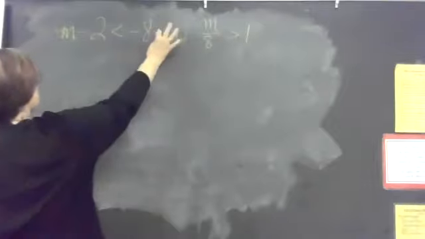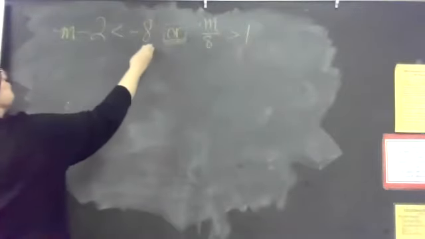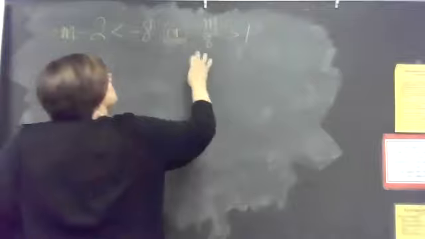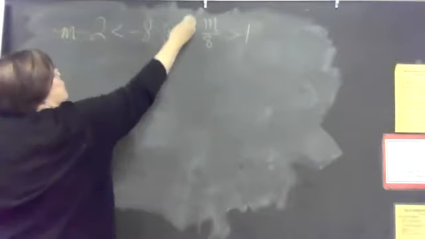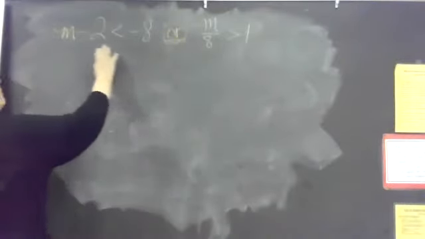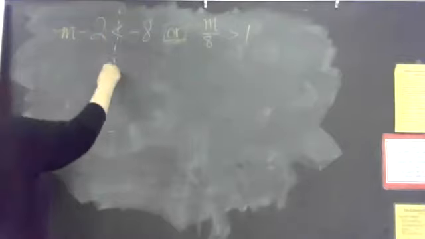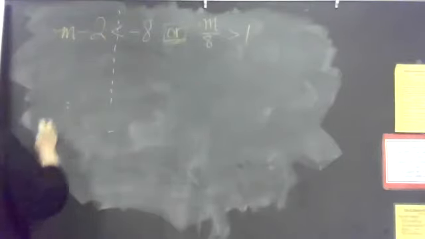Okay, now on an or, they gave us 2 separate inequalities. I'll show you an and in a minute. So since these are separated by or, we're just going to work this problem first. Draw a line. Circle your variable.